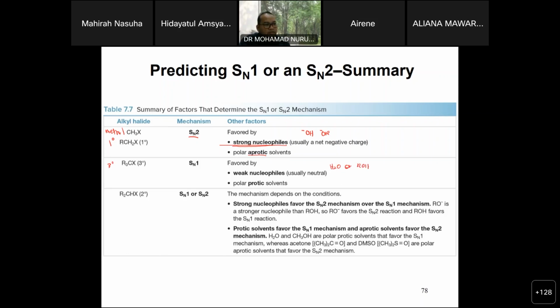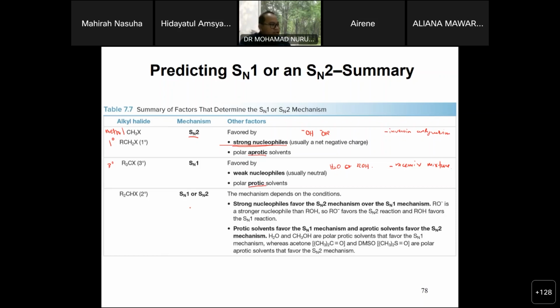SN1 also involves inversion and retention of configuration, giving a racemic mixture.